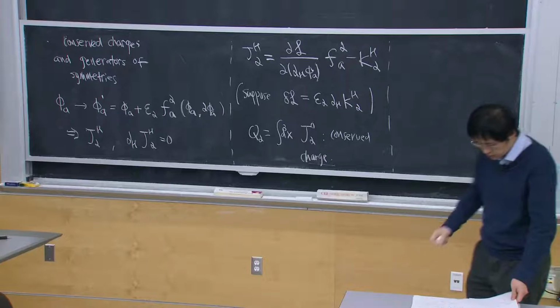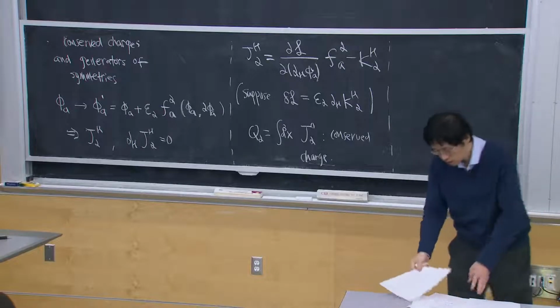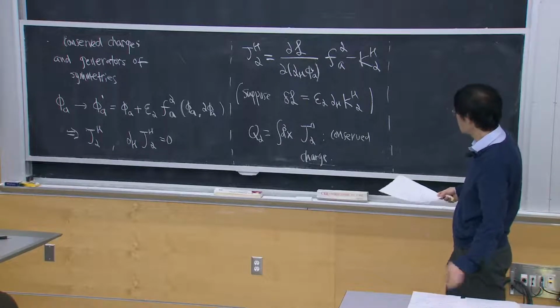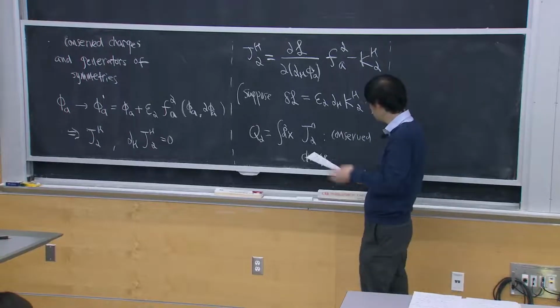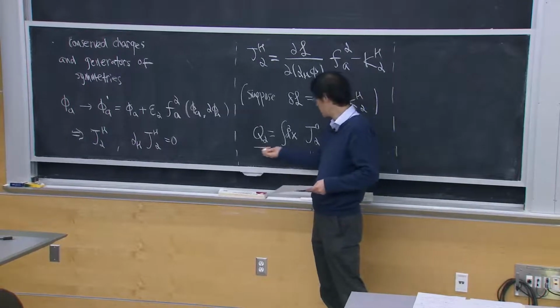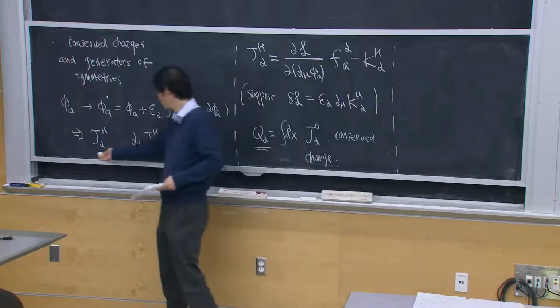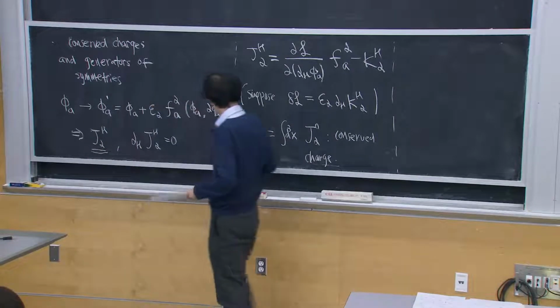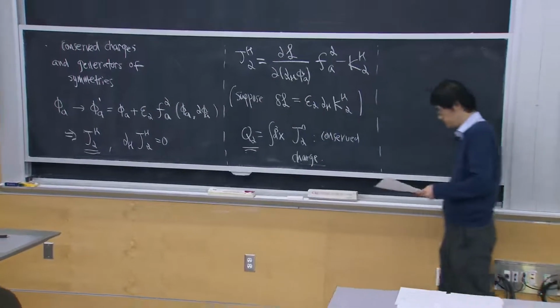So now let's discuss the quantum level. When you quantize the theory, the whole current becomes a quantum operator, and Q is also a quantum operator.